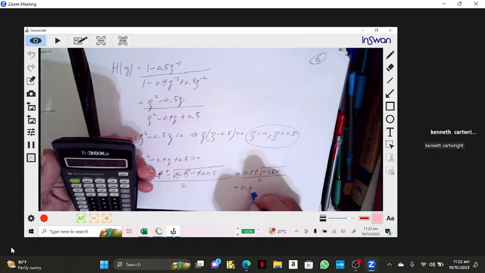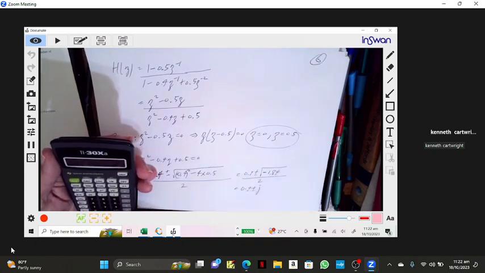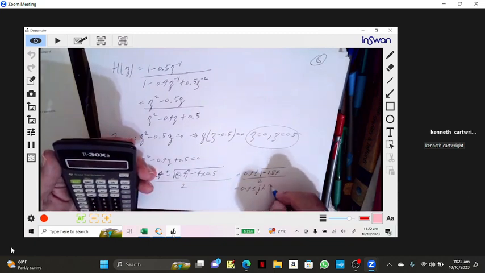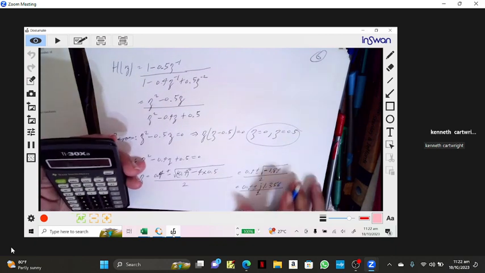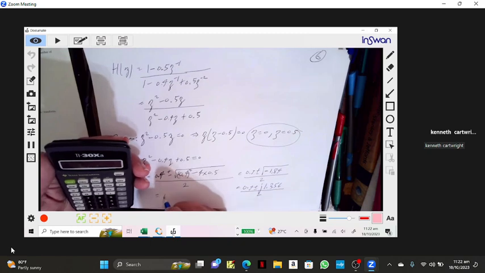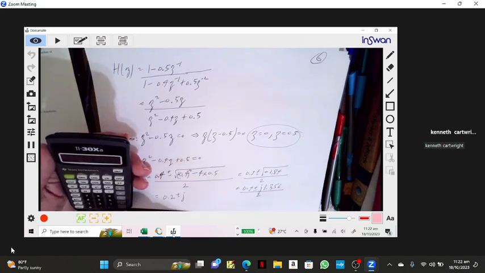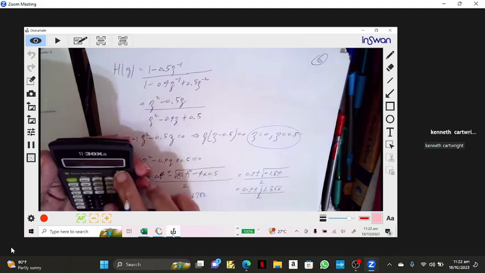So that's 0.4 plus or minus j square root of 1.84, which is 1.356, divided by 2. So the two poles are at 0.2 plus or minus j 0.6782.